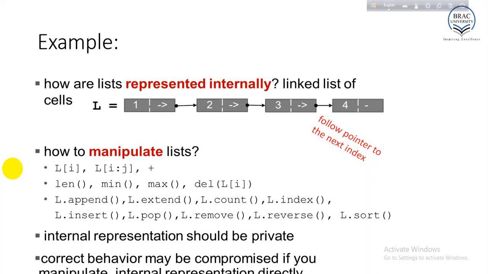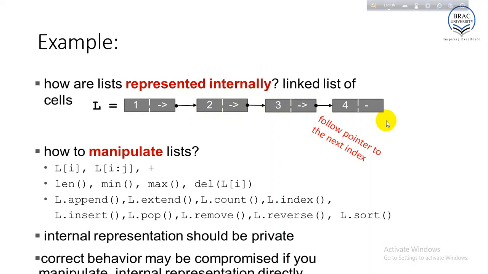How does the list contain these elements? Here is the data representation, in which we find the first element, and there is a pointer to the second element, and a pointer to the third element, and so on. This is called a linked list.